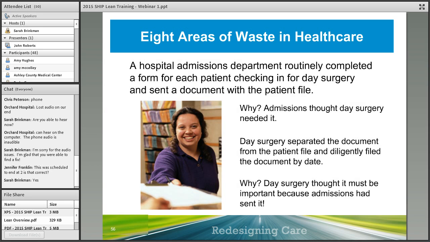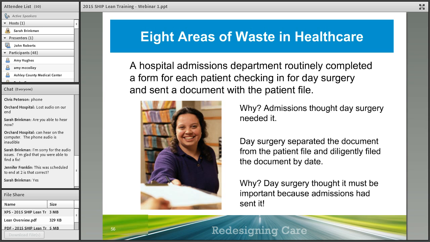To give a real life example of how this worked, in one of the projects we did, the hospital admission department was requiring a certain form for each patient checking in for day surgery, and that form was sent along in the patient's file. Admissions thought the day surgery staff needed that form, but the day surgery staff separated that form out because they really didn't need it.